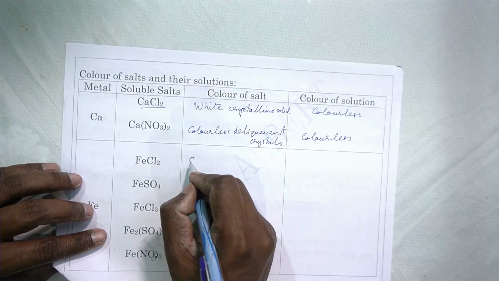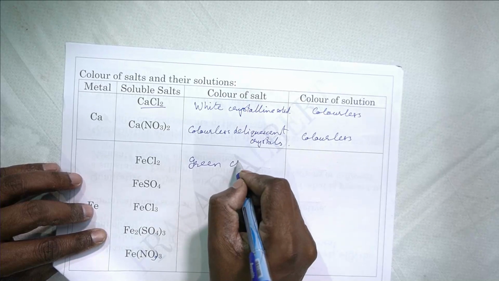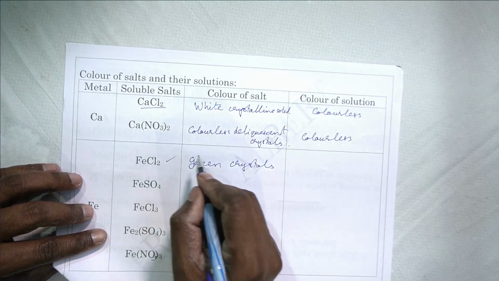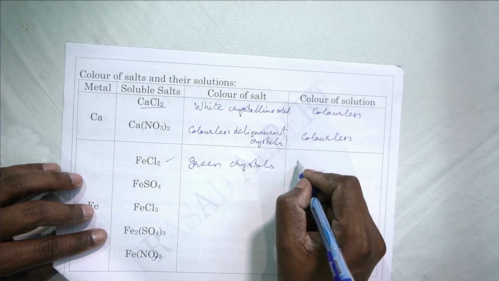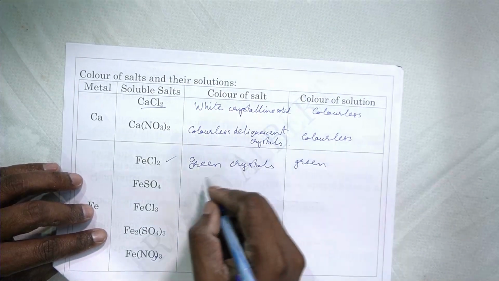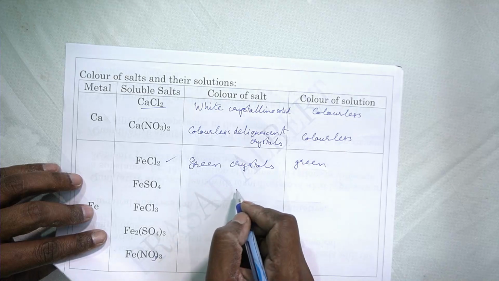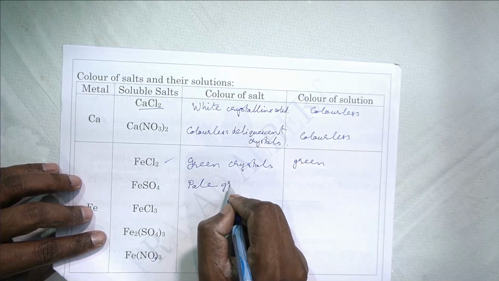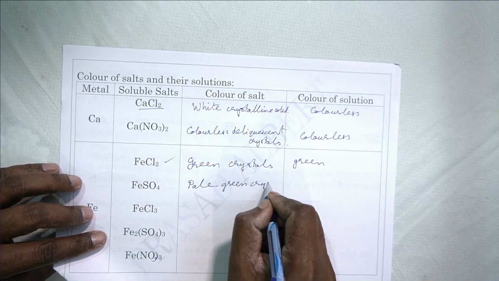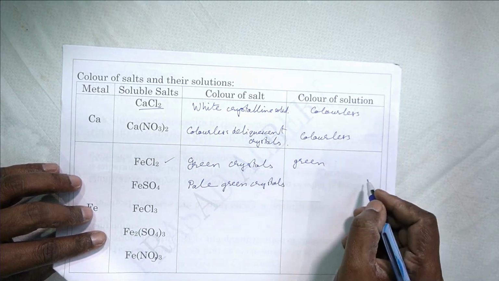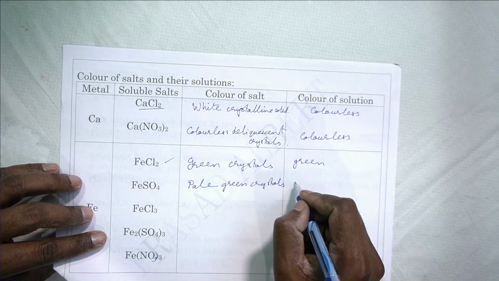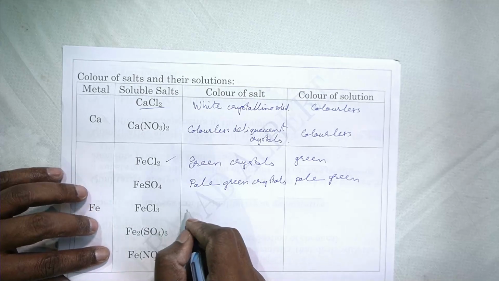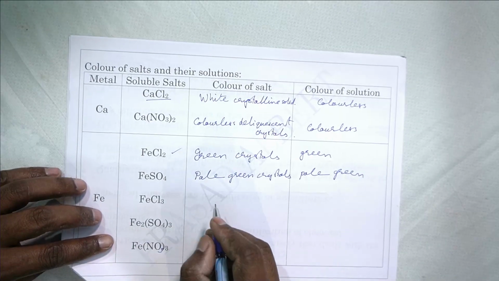Ferrous chloride, FeCl2, is green crystals and its aqueous solution is also green. FeSO4, ferrous sulfate or iron(II) sulfate, is pale green crystals, and its aqueous solution is also pale green. Then we have ferric chloride, FeCl3, iron(III) chloride.